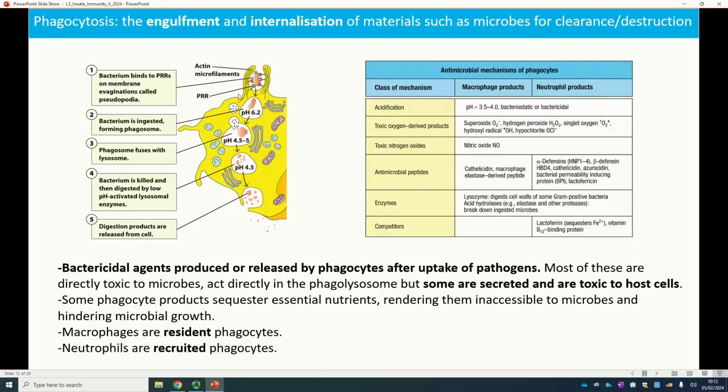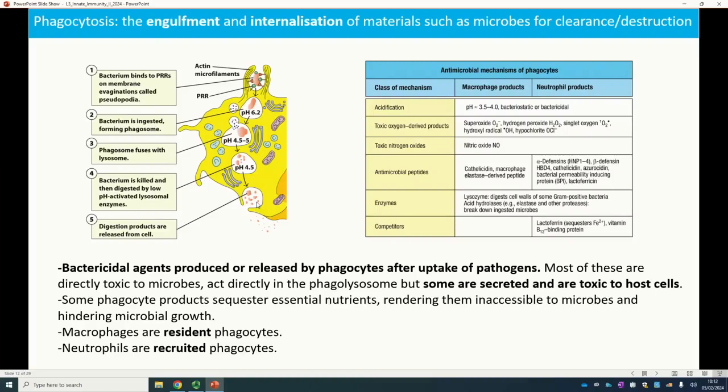You can see here that the pH of the phagosome is initially about pH 6.2, but then when it fuses with the lysosome, we get this acidification, so the pH will drop, and that's quite a hostile environment. We're going to get destruction of that ingested material, in this case the bacterium, and then the products will be released from the cell.